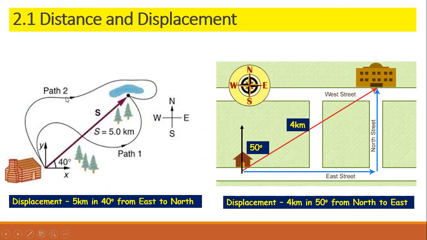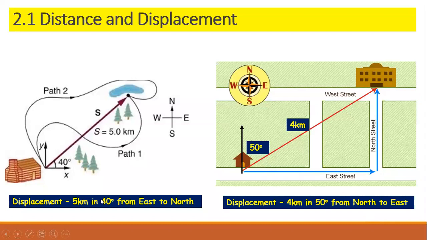But there are two other paths, path 2 and path 1, with distances which are longer than 5 km. Always the smallest or the shortest distance is the displacement. And in this example too, there's a displacement and there's another path with a particular distance.